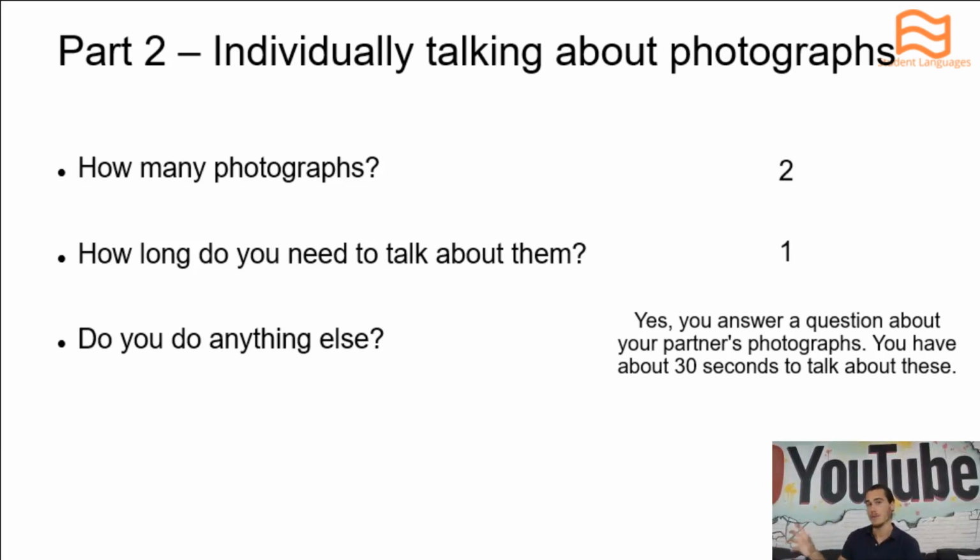So the other candidate will speak for 1 minute, and then the examiner will ask you a question about their photographs, and you have about 30 seconds to respond to this question.